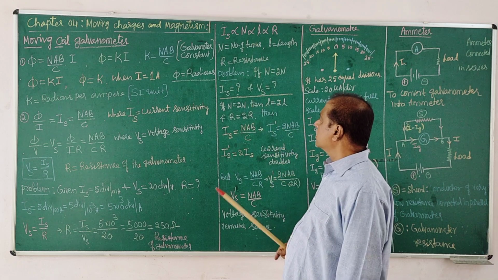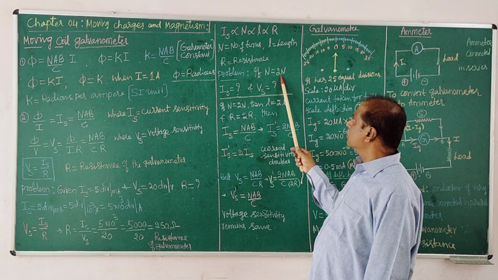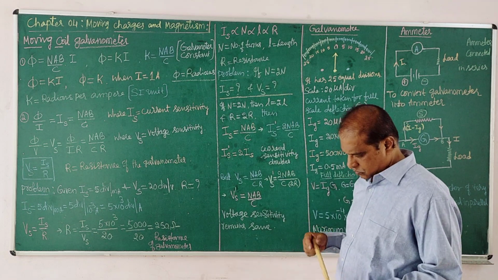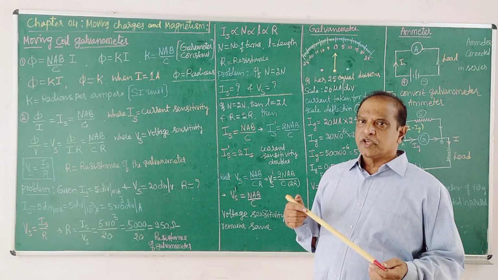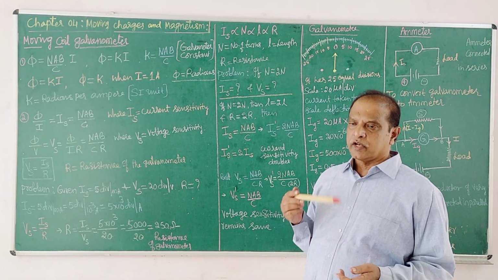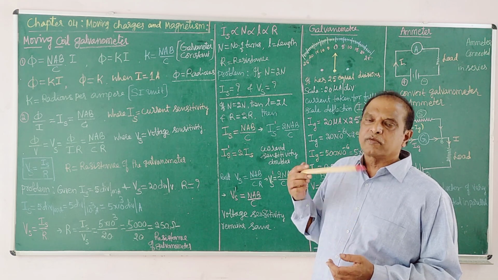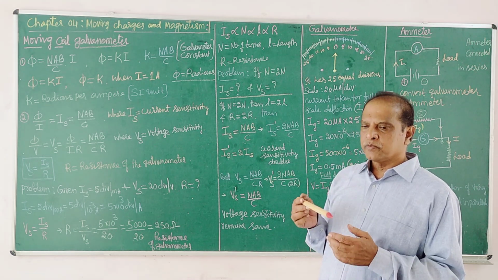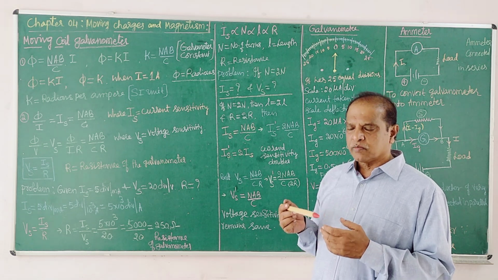The problem is given. If n equals 2n, what does it mean? In the given galvanometer, let us change the number of turns. n is the number of turns. 2n means double the number of turns. Sometimes we can triple the number of turns, sometimes increase the number of turns by 4.